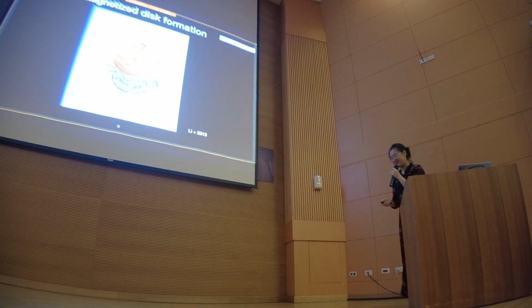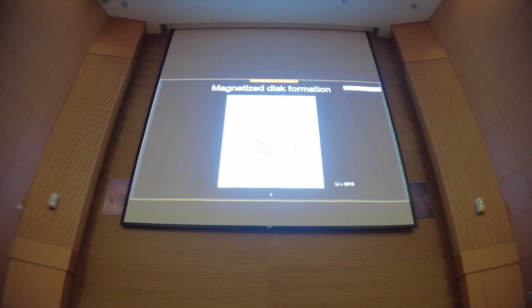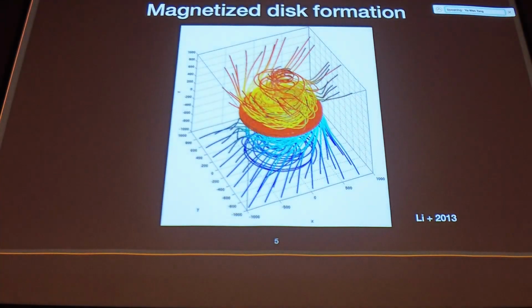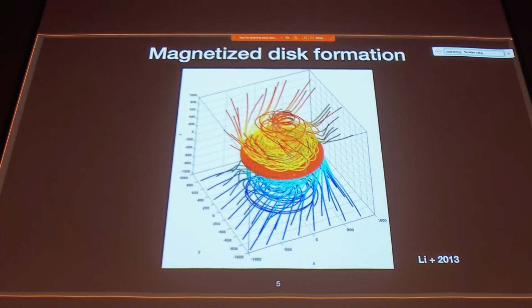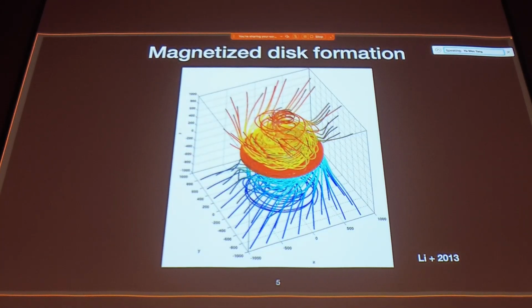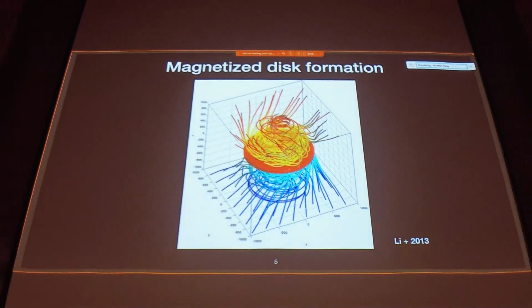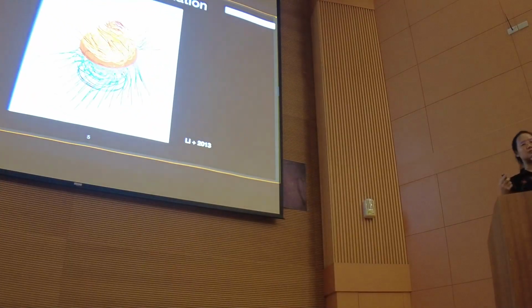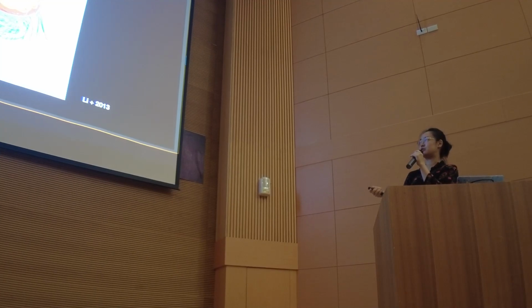So here I show you, you must have seen a lot of this kind of beautiful images from simulations, but there is one important point that I want you to keep in mind, which is that if you look inside the disk, then it's a mess. So the field lines are dominated by the toroidal component due to the rotation of the disk. So if you try to measure magnetic fields from an envelope-disk system, what I would suggest is to measure around the disk and to try to quantify how much field lines are threading the disk.